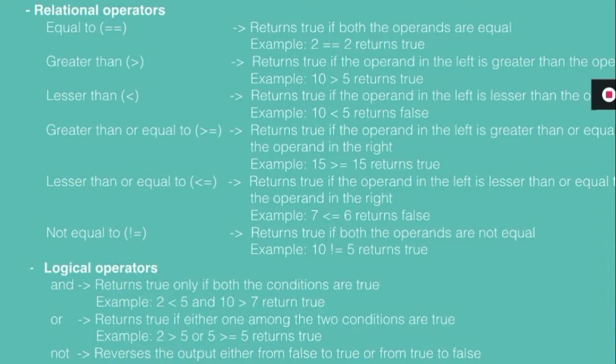Then we come to the or: 5 is greater than or equal to 5. It's not greater but it's equal, so this gives us true. Now false or true would give us a true. As the statement says, even if we get just one of them as true, then our answer would be true.